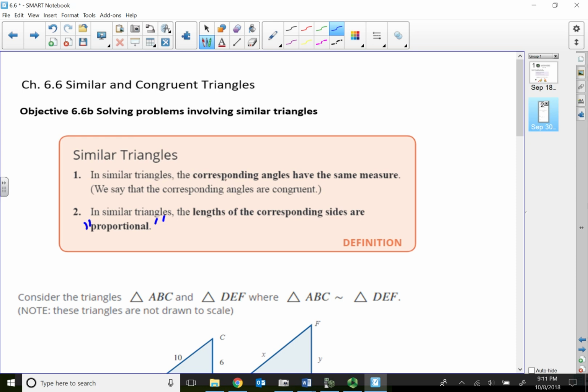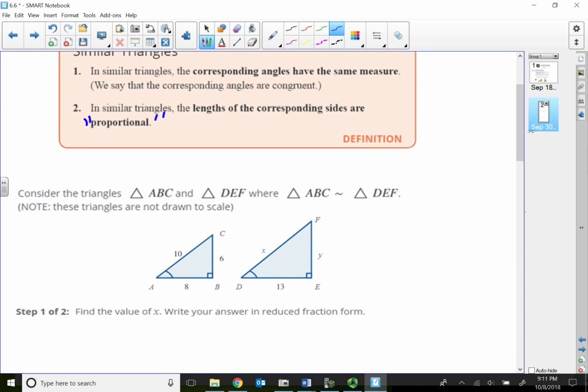What's the same is the corresponding angles. At the same time, their corresponding sides are proportional. So in other words, one triangle is just bigger or smaller than the other triangle. They have the same angle measure, but the sides are proportional.